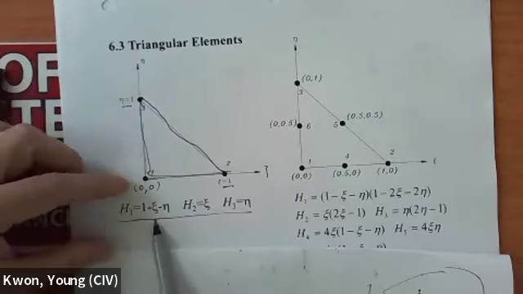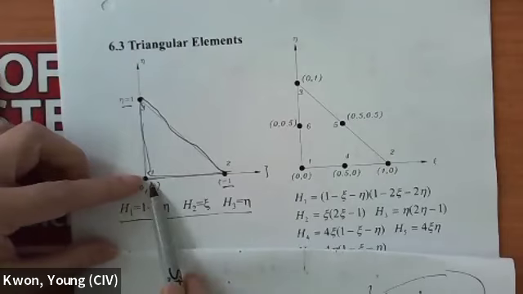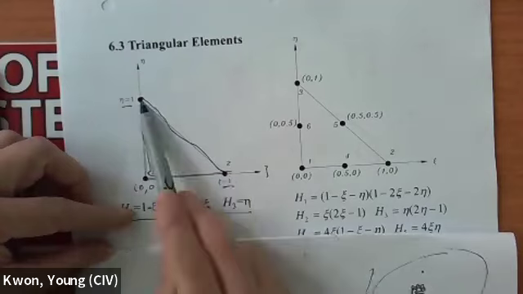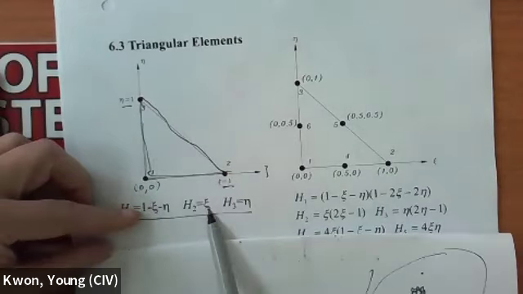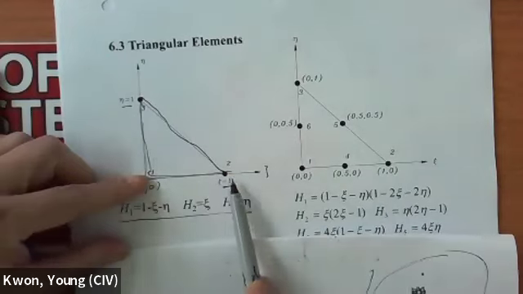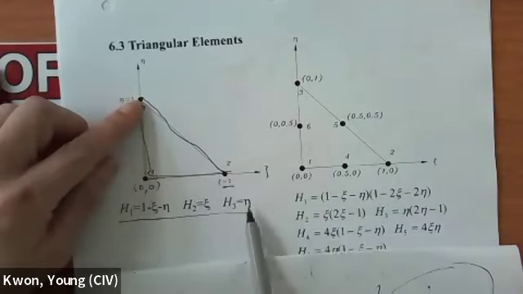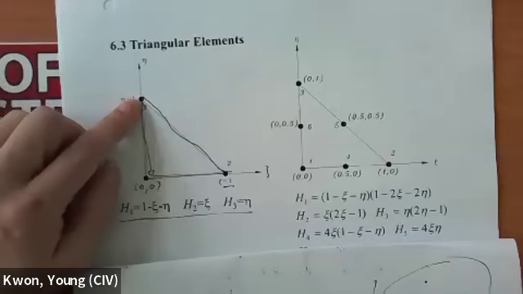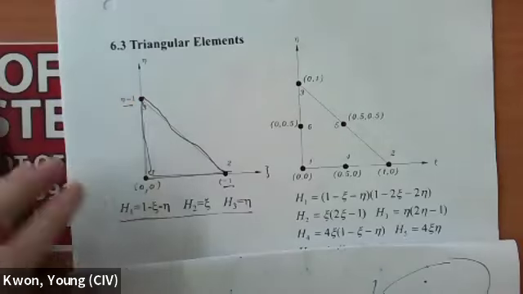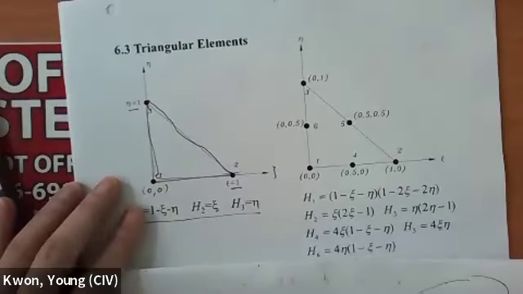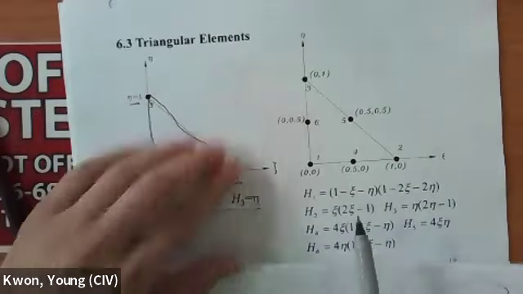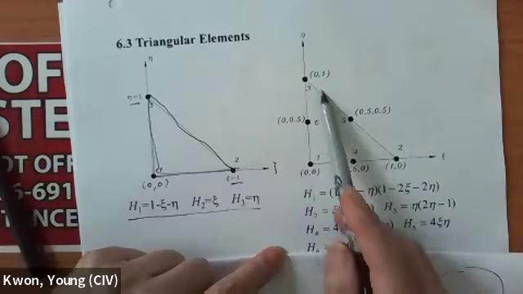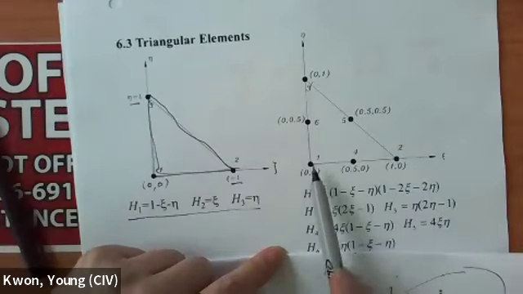Then the shape function is going to be written this way. Again, here this is 0, 1, 0, 0, same thing. And this one is 0, 1, 0. This is going to be 0, 0, 1. Okay, so same property we talked about in chapter 5. And the higher order triangular element has 6 nodes.